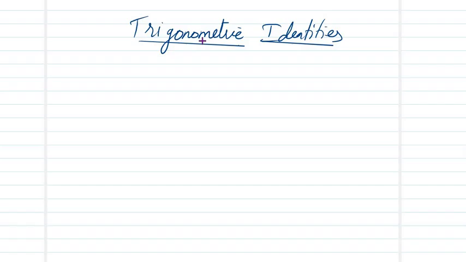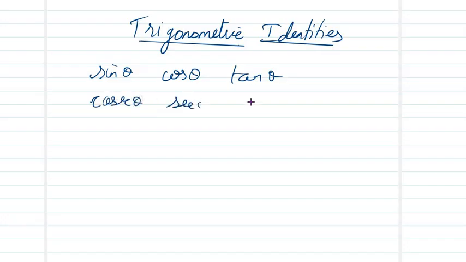When we look at the trigonometric identities, we see the 6 trigonometric ratios: sin theta, cos theta, tan theta, and their corresponding reciprocals, cosecant theta, secant theta, and cot theta. These 6 trigonometric ratios are related to each other by some bond, which is what we call their identities.